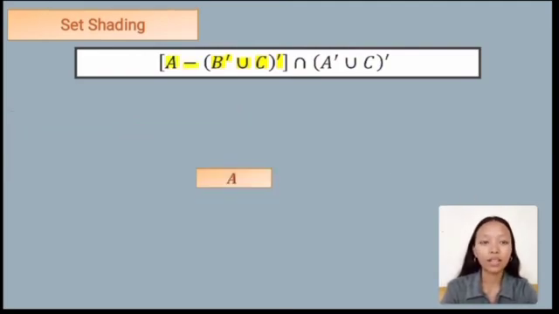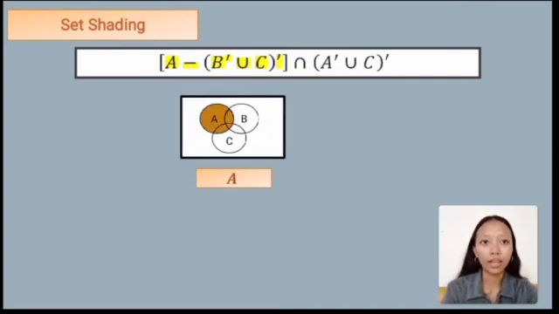Next is the set A. For this, we're gonna shade everything in the set A. Next is the open bracket A minus open parenthesis B prime union C close parenthesis prime and close bracket.